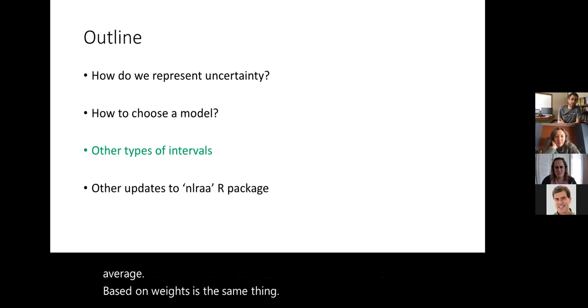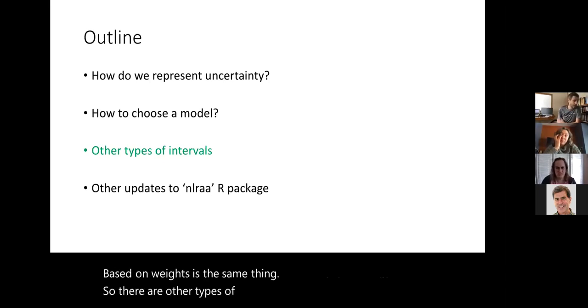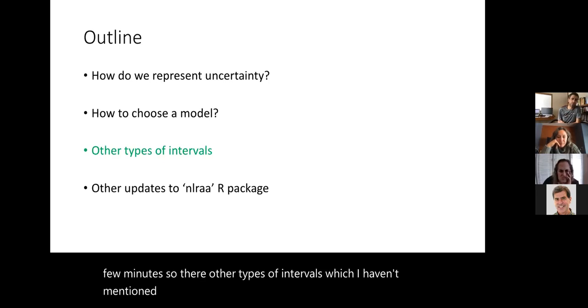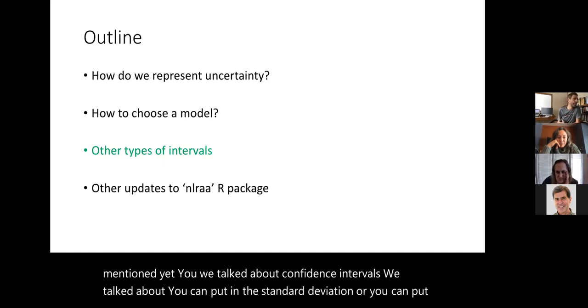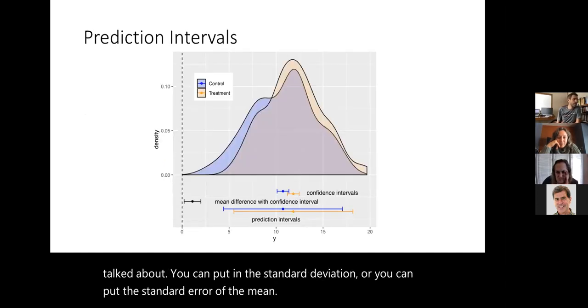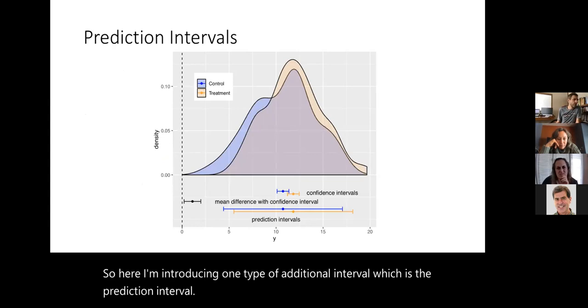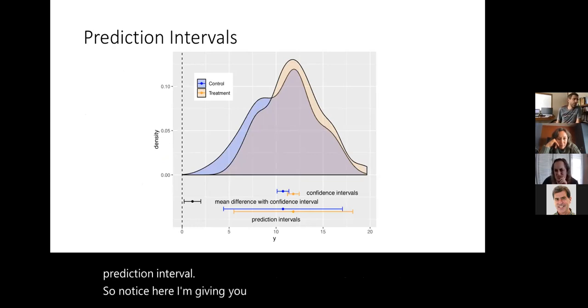There are other types of intervals, and I think I should be done in a few minutes. There are other types of intervals which I haven't mentioned yet. We talked about confidence intervals, and about putting in the standard deviation or the standard error of the mean. Here I'm introducing one additional type of interval, which is the prediction interval. Notice I'm giving you an example with some treatment and some control.